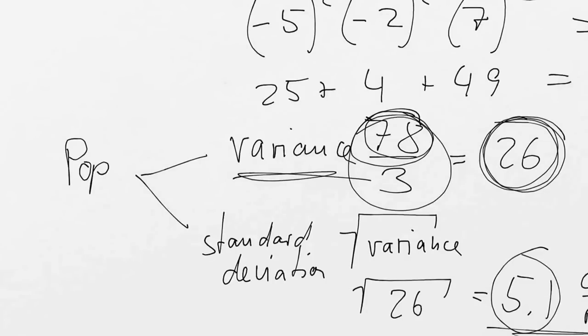And you see, population makes use of n. Sample makes use of n-1. And you can remember that very easily by thinking a sample is smaller, so it's n-1. Does that make sense? Yeah?